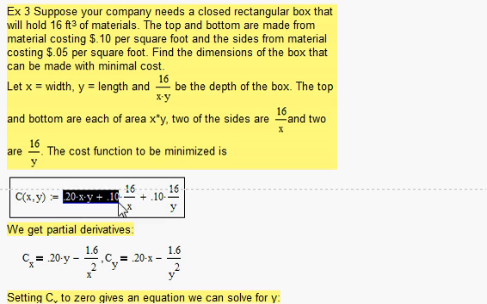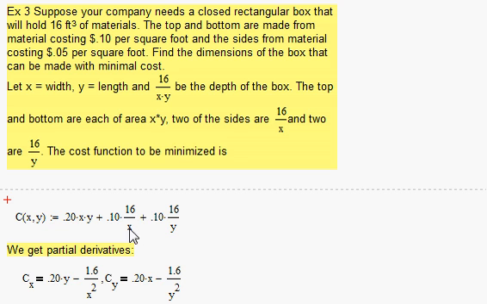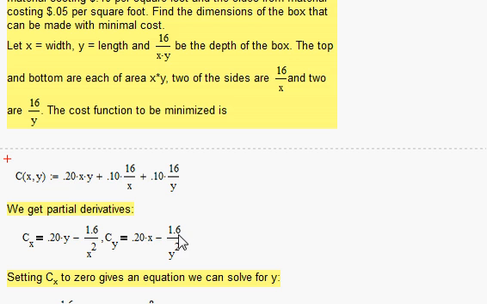Well, the partial with respect to x of this function would be 0.20y minus 1.6 over x squared. The partial with respect to y would be 0.20x minus 1.6 over y squared.